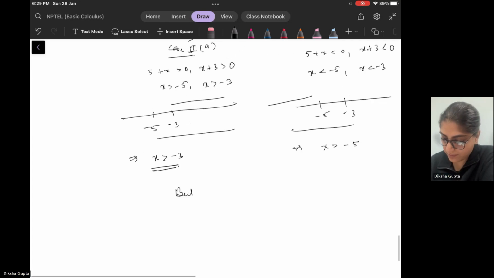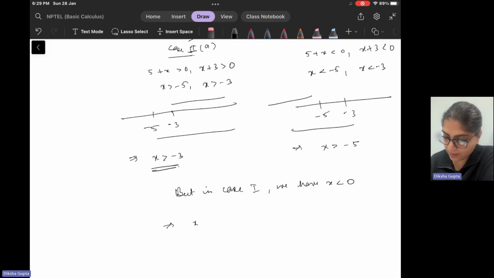But in both cases we have x less than 0, so we'll take the intersection with both the cases, right?